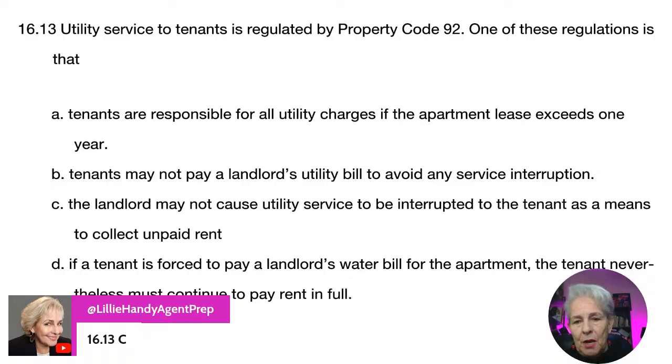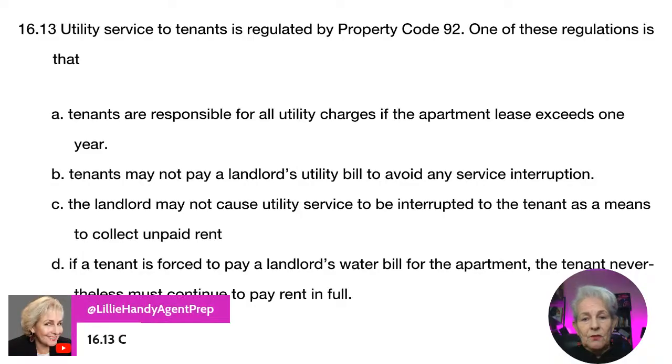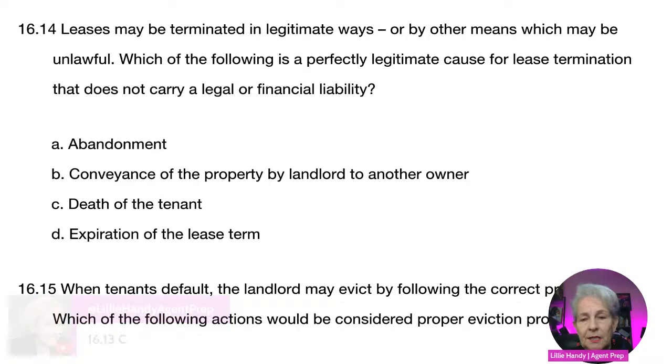That's a no-no. Landlord has to continue providing a habitable living area, including all utilities. If they're not happy with the tenant, then you can start an eviction process. So 613 was C, is C.